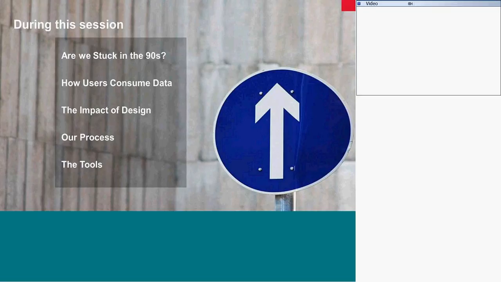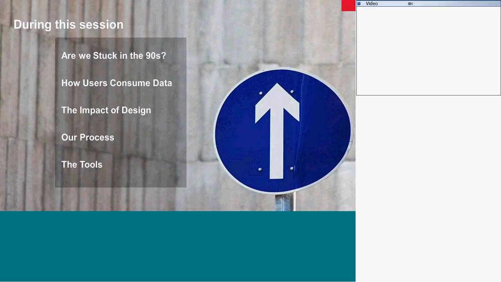I know some of you may be still stuck using the earlier versions, like version 5 of Business Objects, or maybe even XIR 2.1. But it's not just looking at that, it's also looking at the actual reports and dashboards that we're delivering.